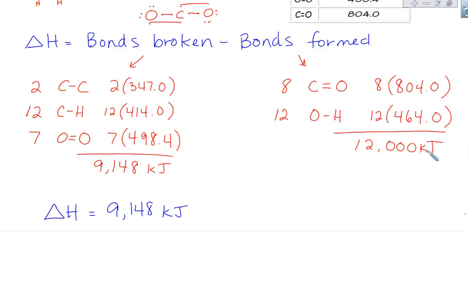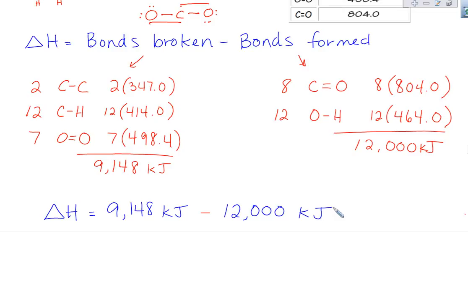Now technically, this 12,000, that's the amount of energy I would have to add to break the bonds on the product side, but I'm forming these bonds. Well, if I form the bonds, I'm going to release that much energy: 12,000 kilojoules.